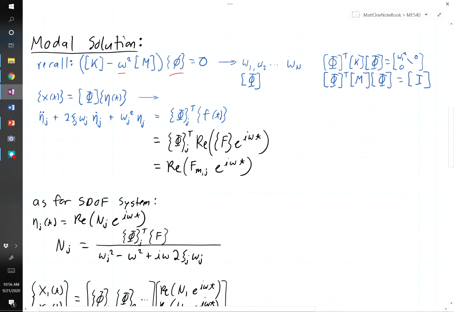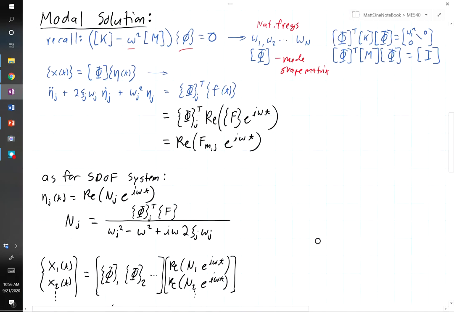An n degree of freedom system will have n natural frequencies, and it will have this mode shape matrix or eigenvector matrix. And we also have these orthogonality properties: phi transpose k phi is a diagonal matrix of natural frequencies squared, and phi transpose m phi is identity.